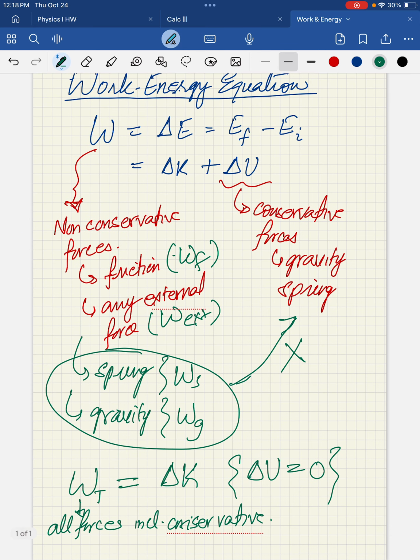Now let me illustrate this with a couple of very simple examples. First we're going to take a simple example of free fall, a ball falling in free fall. It's over here at height h, and it falls through a height h, and it comes here, and here its velocity is v final, and at the top its velocity is, for simplicity's sake, 0.